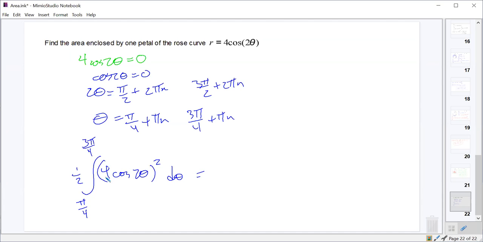Square the 4, that's 16, times the 1/2 ought to be an 8. 8 times an integral from pi over 4 to 3 pi over 4 of cosine squared 2 theta. And what's cosine squared 2 theta simplify to? Ought to be 1/2 of 1 plus cosine 4 theta, so the 1/2 will get applied to that.